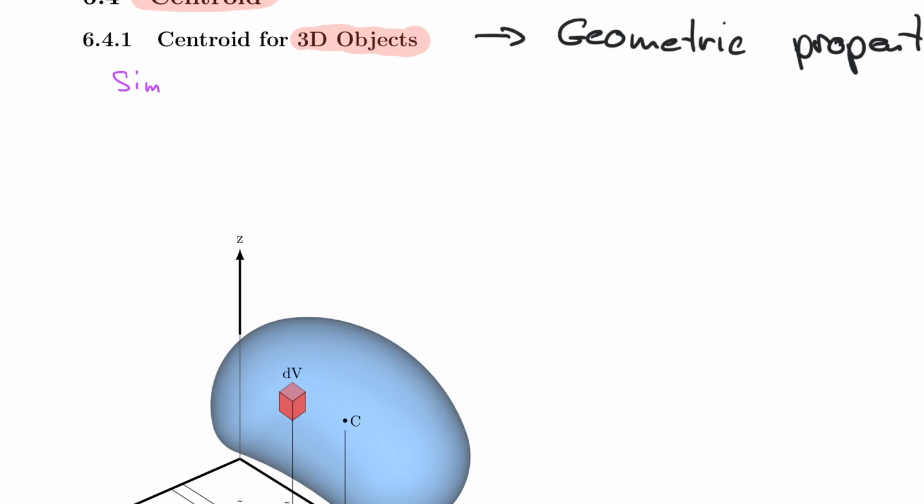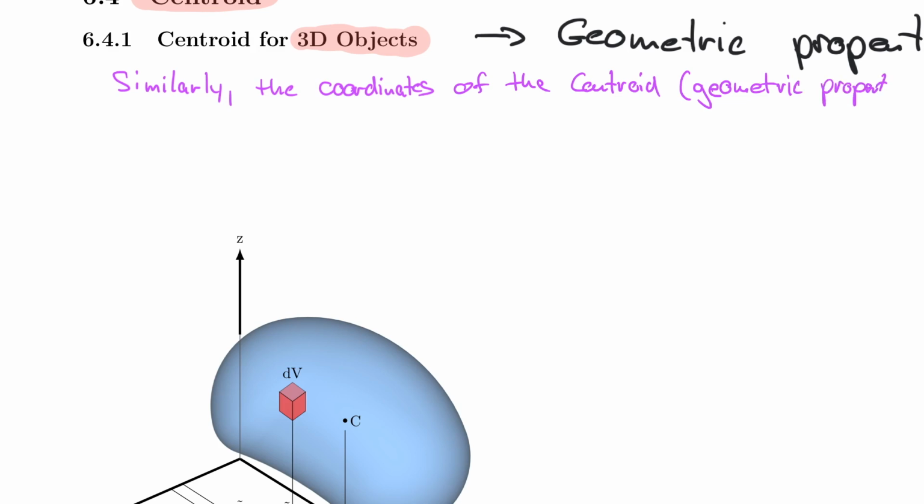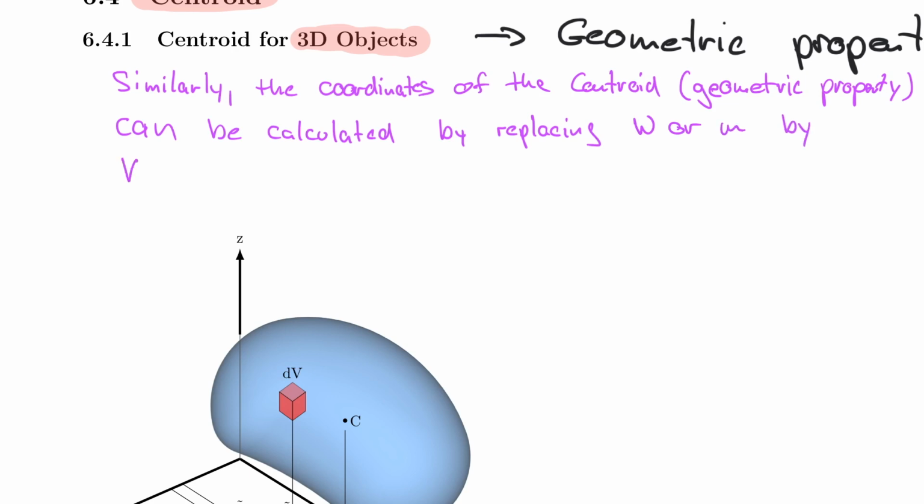Similarly, the coordinates of the centroid, which is a geometric property, can be calculated by replacing W or M by V for volume, or also A for area, or L for length.